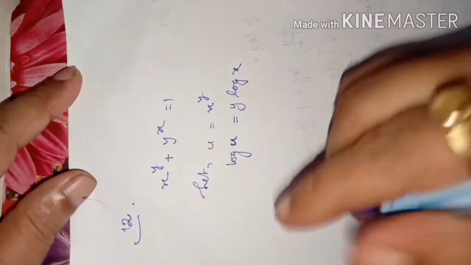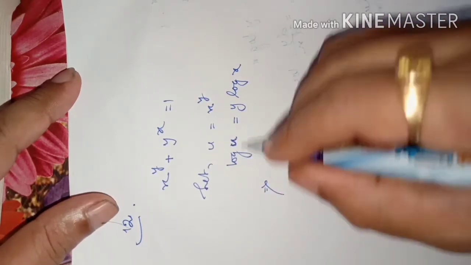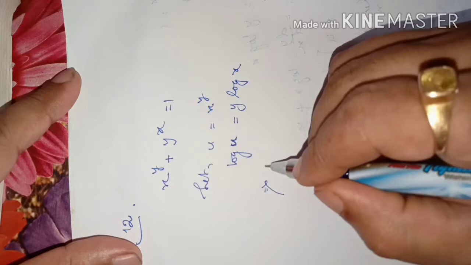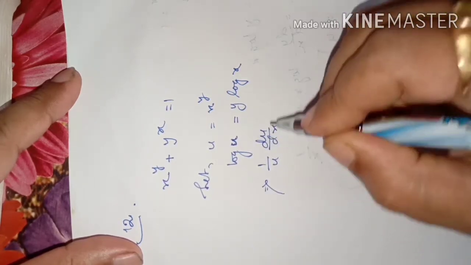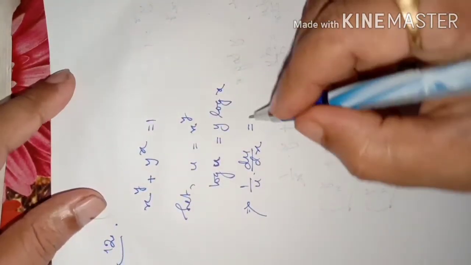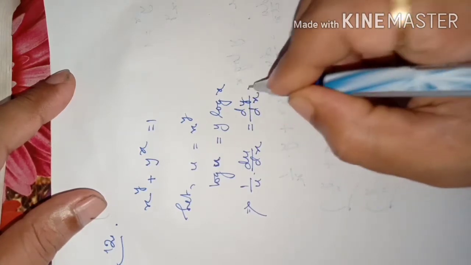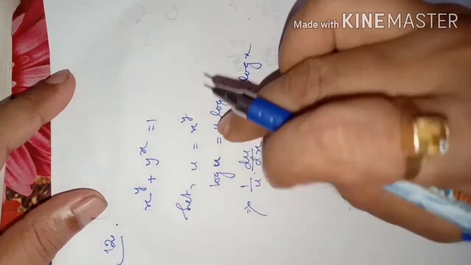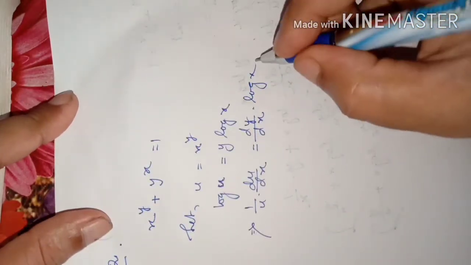So now if we apply derivatives, let us find the derivative of this one. Differentiating 1 by u du by dx with respect to x. Then by the product rule, that is dy by dx into log x, considering this one as u, this one as v, u dash v plus v dash u, that formula.